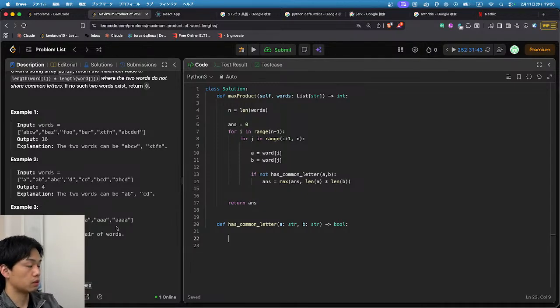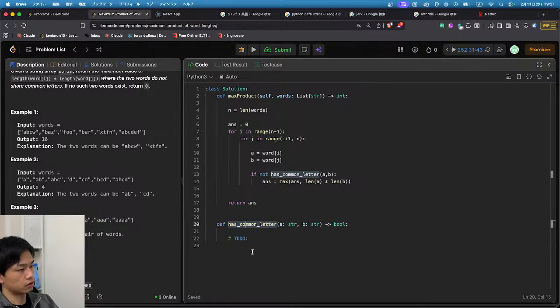So A, B, C, D. So I think this solution is not good.